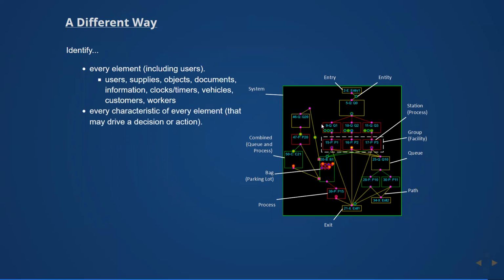And you look at every quality of something that will affect its operation. So that could be location, it could be color, it could be classification, capacity, anything. And again, another way of saying the same thing, think about which elements move and don't move.